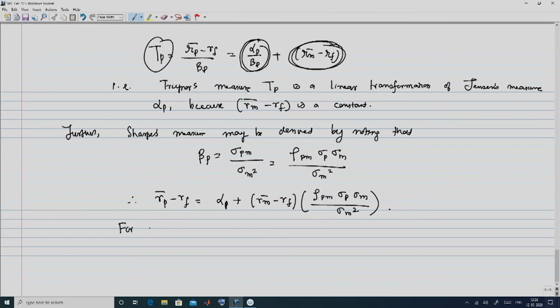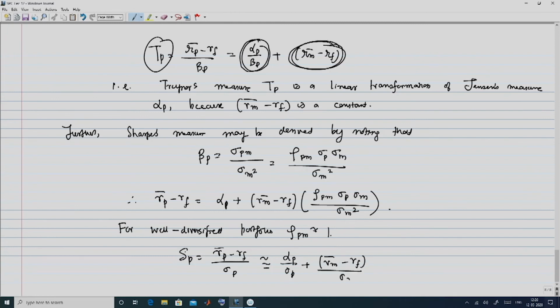So, we consider a plausible circumstance that for a well diversified portfolio, rho p m is approximately 1. Therefore, we get S p, which is R p bar minus R f divided by sigma p, approximately alpha p over sigma p plus R m bar minus R f over sigma m.